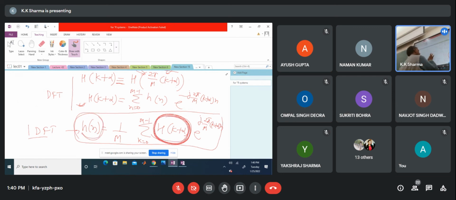So h(n) is also going to be of duration capital M. Now again alpha can be 0 or alpha can be half. If alpha is 0, this equation reduces exactly to the DFT and IDFT. Is that fine? But generally alpha can also be chosen to be either 0 or half.